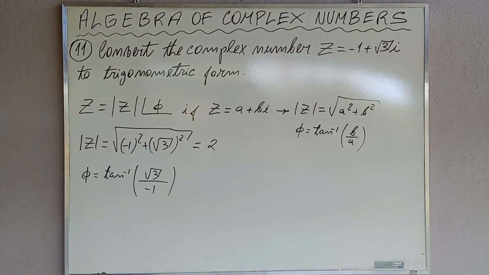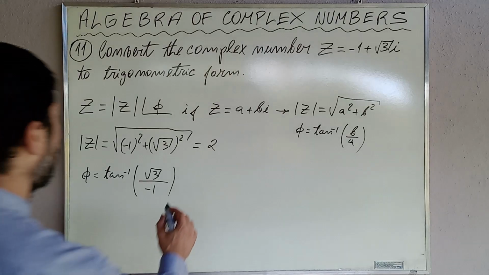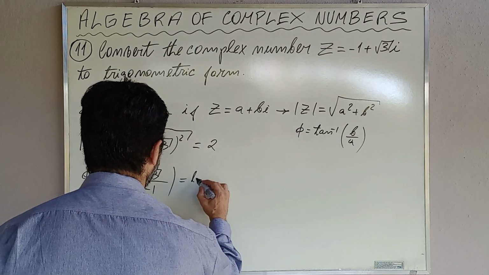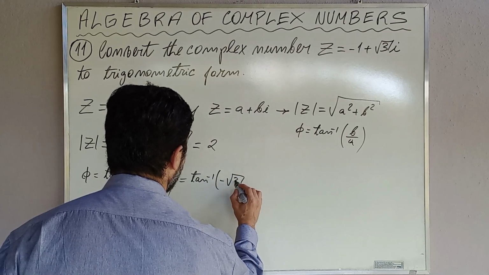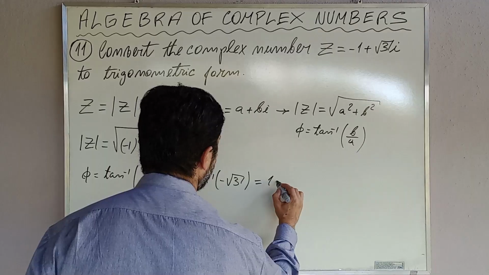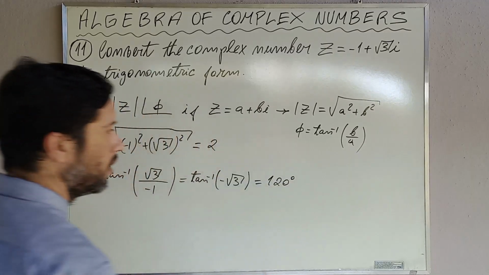Observe these results. Since the real part is negative and the imaginary part is positive in the Cartesian plane, the point lies in the second quadrant. Thus, the angle is the inverse tangent of negative square root of 3, which is equal to 120 degrees.